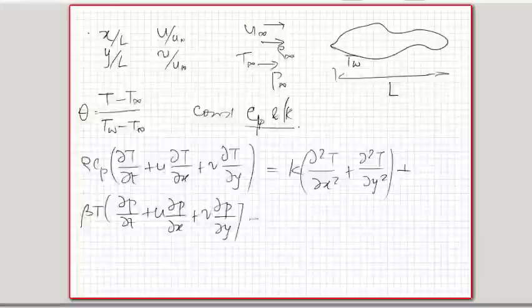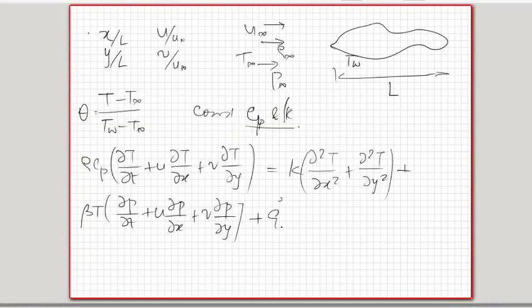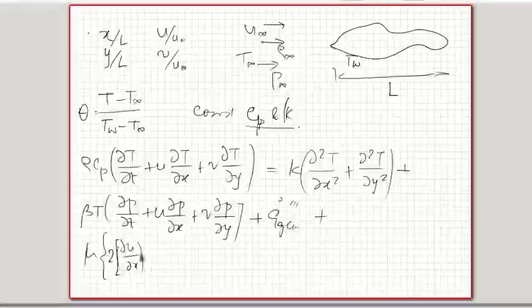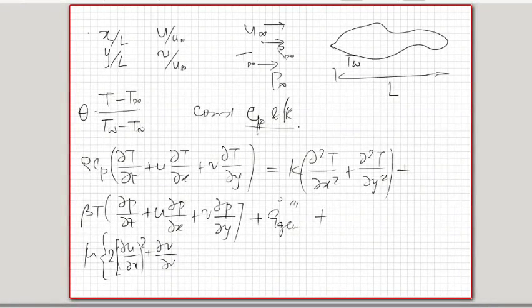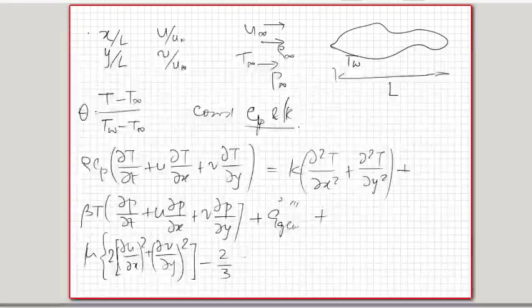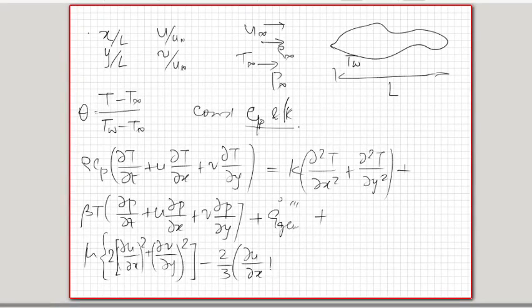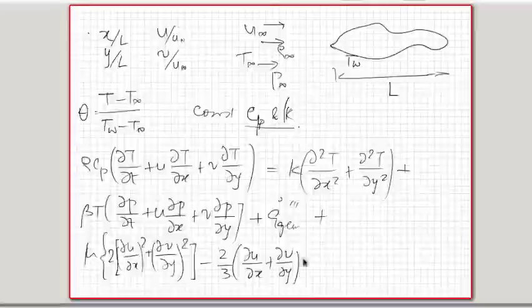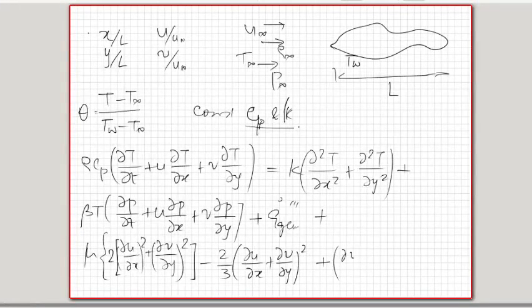Plus Q dot generation triple prime plus mu times, we'll write, twice del U by del X whole square plus del V by del Y whole square, minus 2 by 3 into del U by del X plus del V by del Y whole square, plus del V by del X plus del U by del Y whole square. So these are the three terms that we had in the phi.